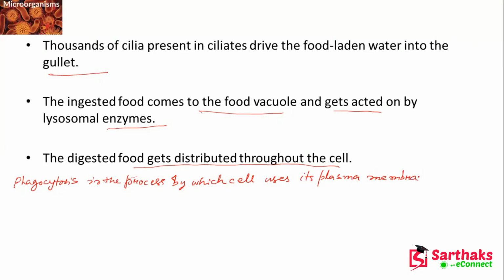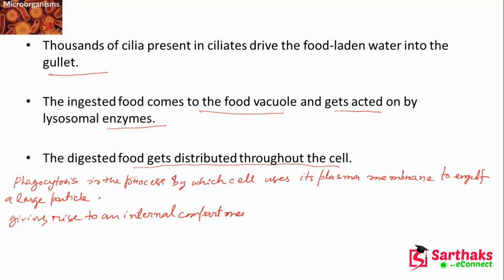It is eukaryotic, so it has a plasma membrane, and it uses it to engulf a large particle of food, giving rise to an internal compartment called the phagosome. And it is one type of endocytosis.